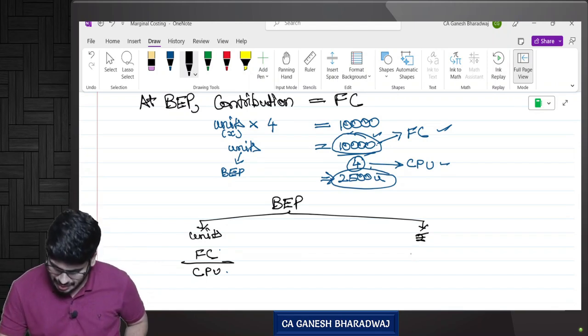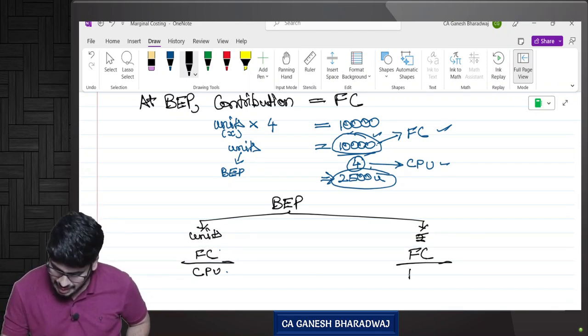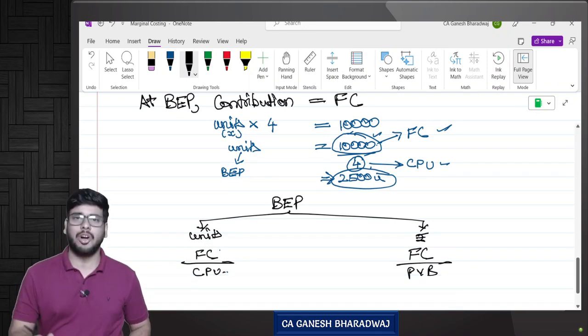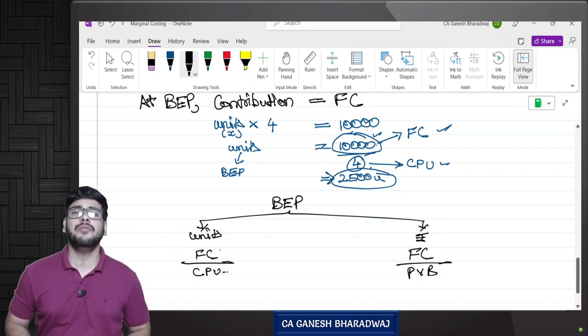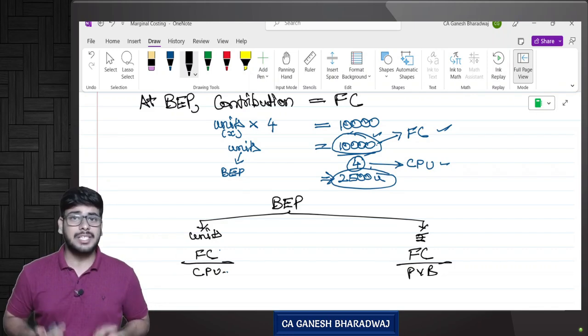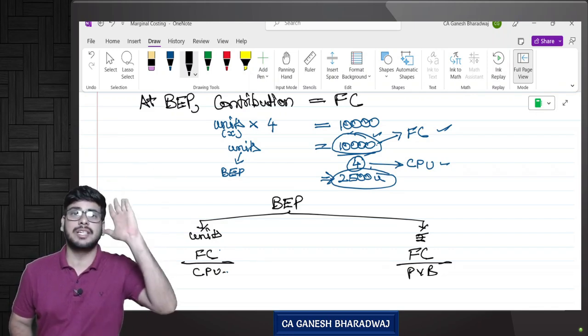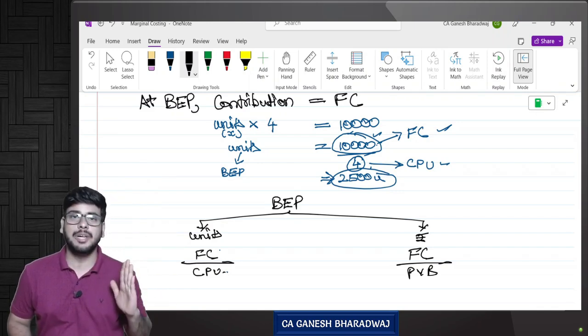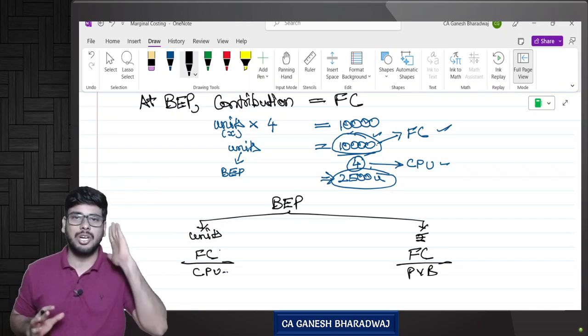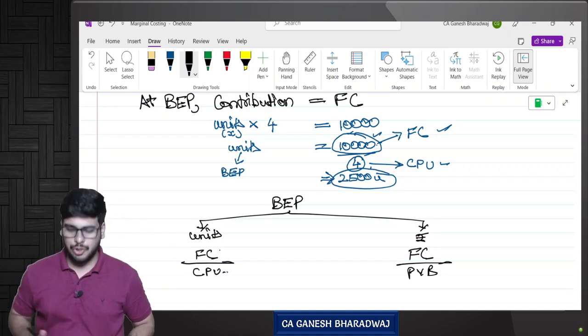Very simple. Fixed cost divided by PV ratio. Instead of contribution per unit, use profit volume ratio, PV ratio. I just told you, if you want to find out certain things in units, use your contribution per unit. If you want to find sales in value, you can use PV ratio.